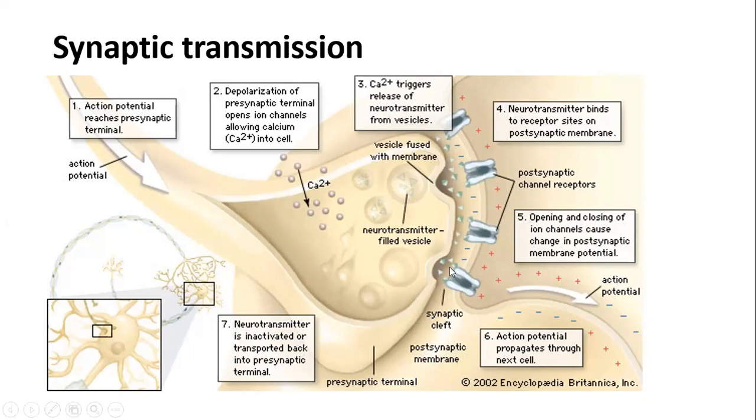When acetylcholine binds to the postsynaptic receptors, it usually causes opening of sodium channels, and because of that, it will cause depolarization on the postsynaptic side, and in a postsynaptic neuron, that depolarization can trigger an action potential as shown here.